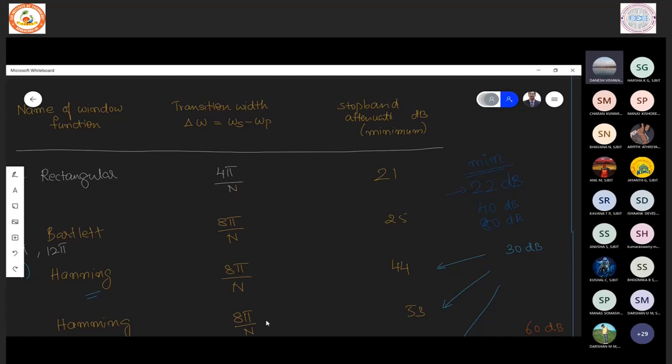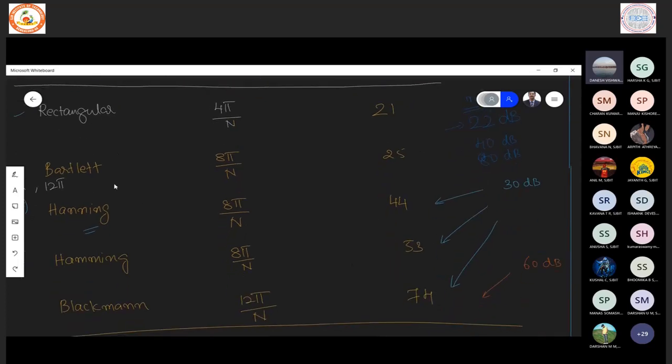For Blackman it is 12 pi by N, that is more. So this is comparatively better. So we'll pick the item in the list which is highest up in the list and satisfies the specification. Bartlett, the highest up, satisfies my 22 dB requirement. That's why I'll go with Bartlett. I hope you got the idea.